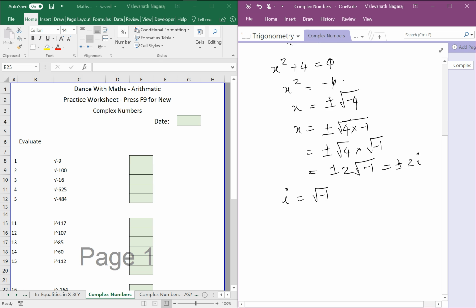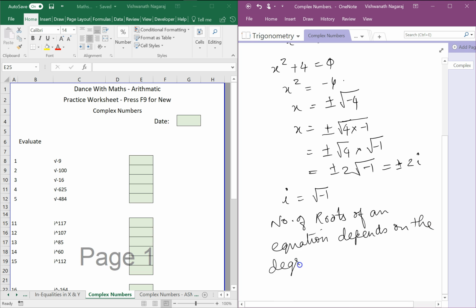Now the biggest advantage of having this i business, what was initially called an imaginary number, was that there is a fundamental rule which says that the number of roots of an equation depends on the degree of the polynomial.